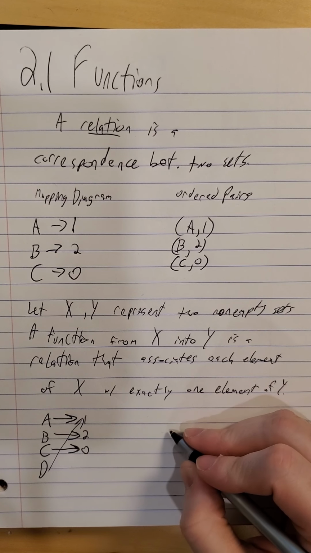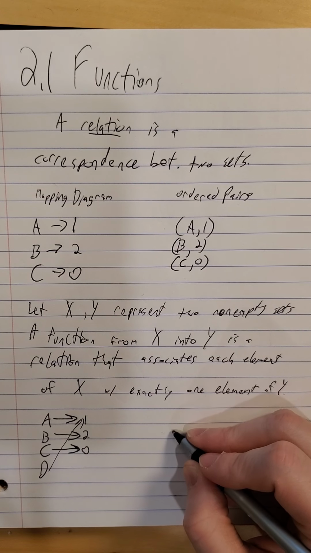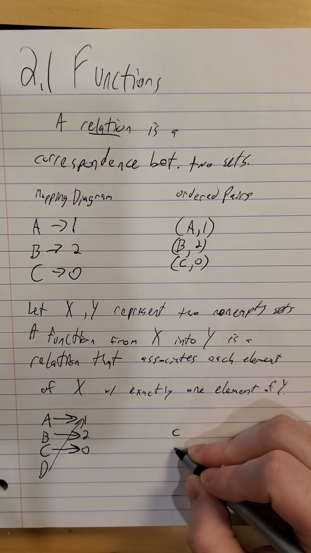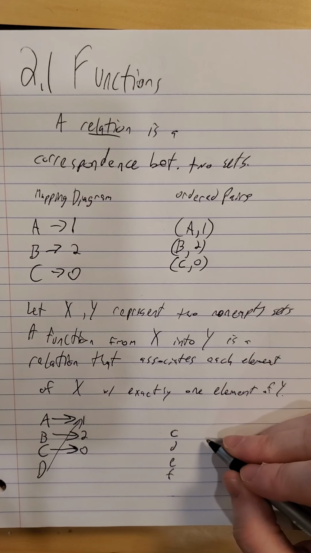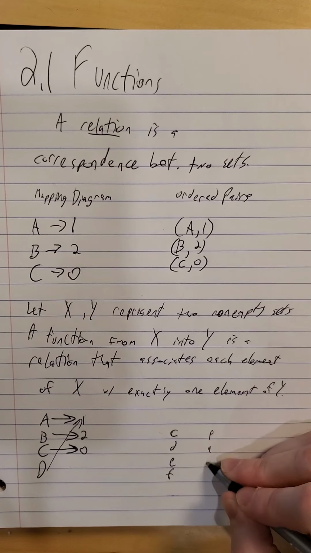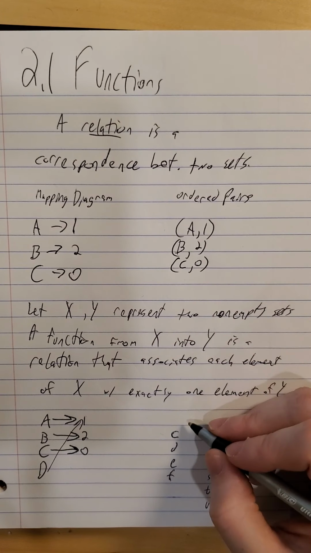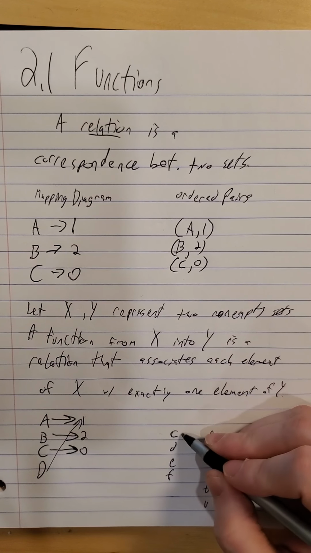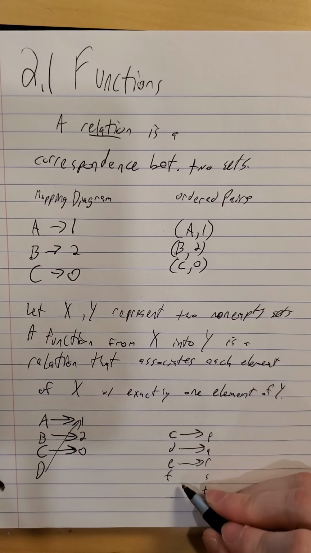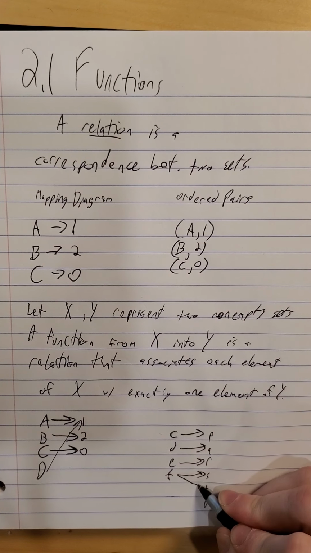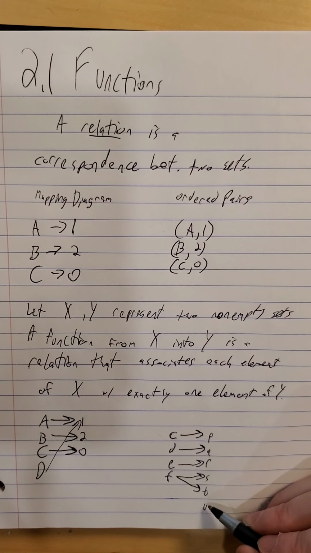Let's see if we flip this around. Let's say we'll map C to P, D to Q, E to R, and F will match to both S and T. So U has been untouched, that's okay.